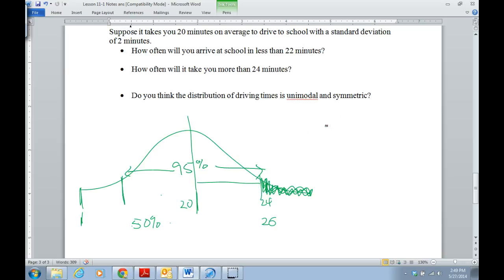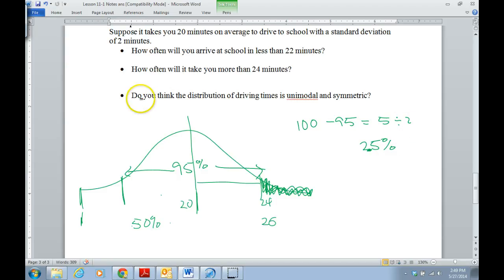How did you get that? Actually, how much is the entire curve? 100. So 100 minus what? 95. 95 is 5, and then we only are taking one side of that tail. Divided by 2. So only 2.5% of the time will you take longer than 24 minutes.